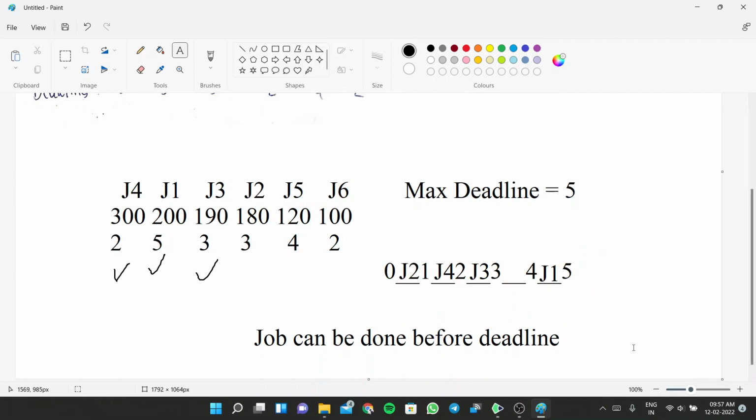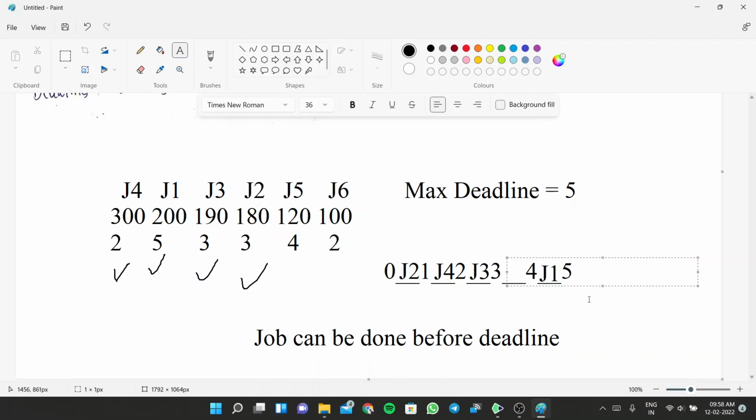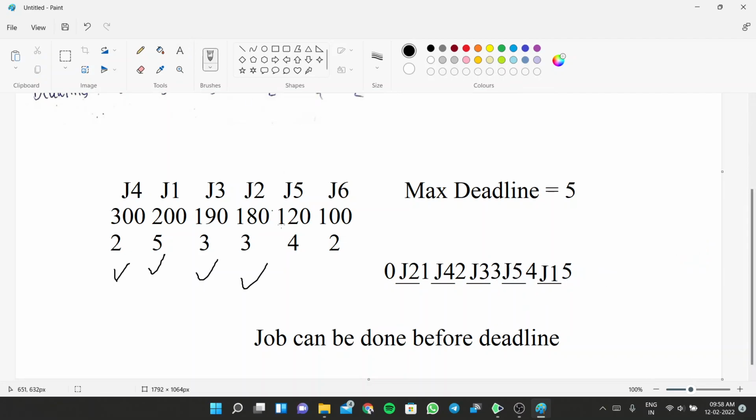It needs to be completed before the third slot, but I will complete it in the first slot. It doesn't become a problem, right? So I will mention job 2 in the first slot, and again we need to put job 5 in the fourth slot. In this way we have filled in the slots, and finally the last job gets rejected because it does not fit in any of the blanks.